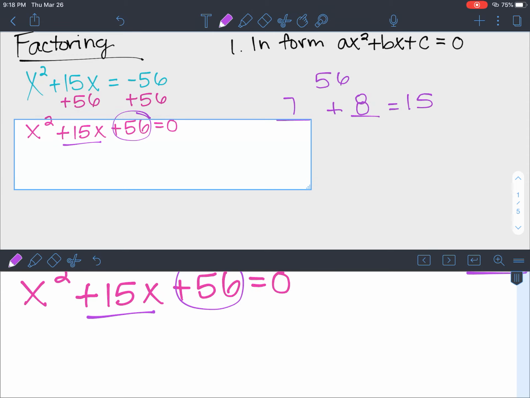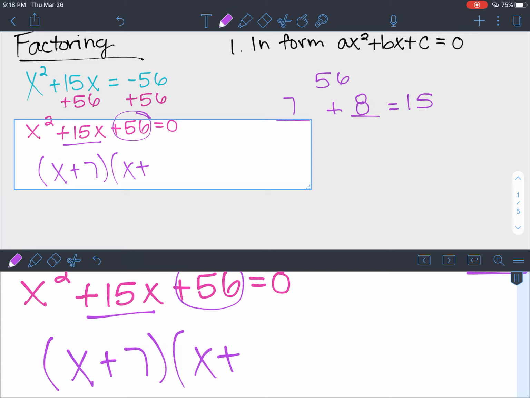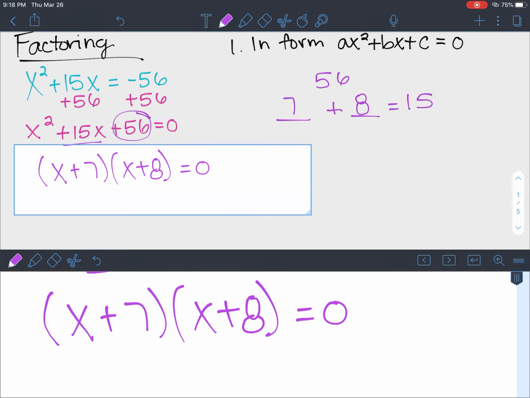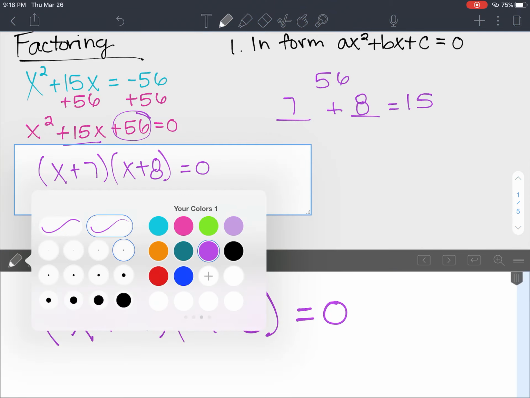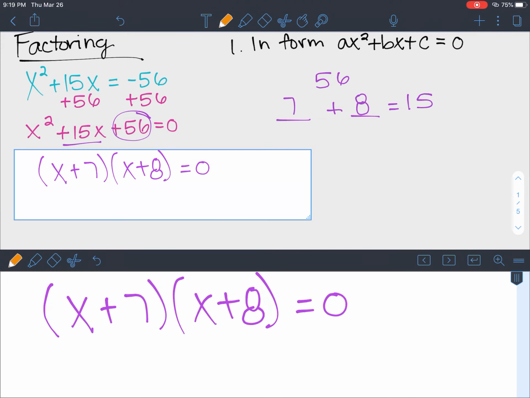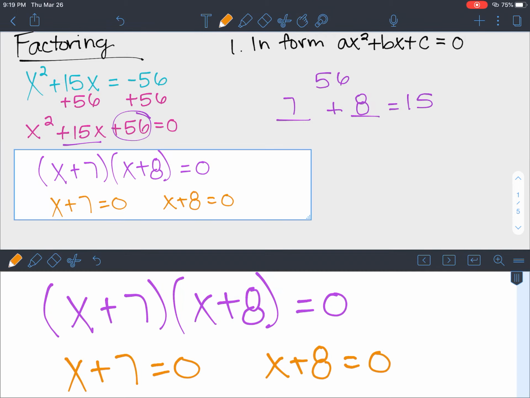So when I factor this, we'll have x plus 7 and x plus 8, and that's going to equal 0. So once we get to this step, this is where, if you remember, we're going to set each of them equal to 0, and then we're going to continue solving. So we're going to set x plus 7 equal to 0, and we're going to set x plus 8 equal to 0.